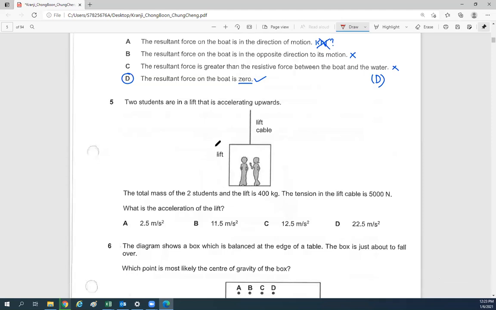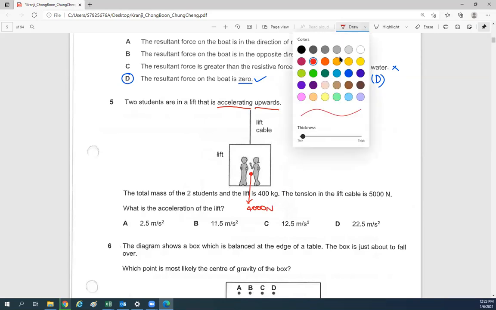Okay. Two students are in a lift that is accelerating upwards. The total mass of the students and the lift is 400 kg. So straight away, I know that there is going to be a downward force of 4,000 Newton.